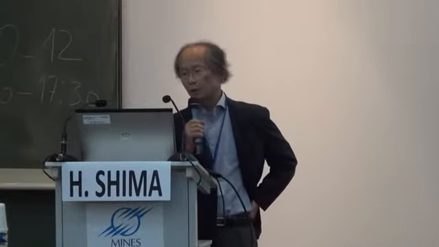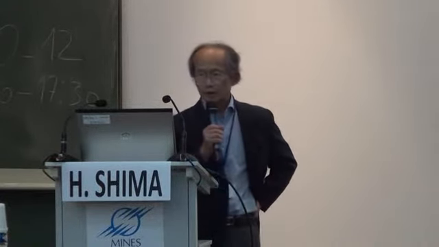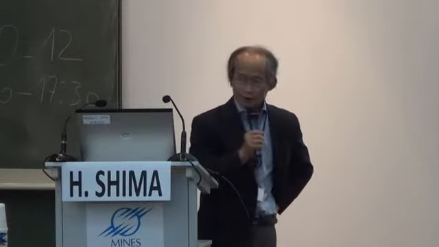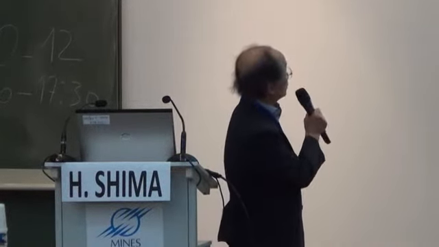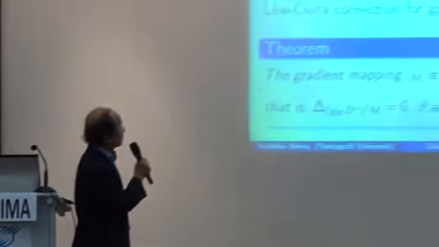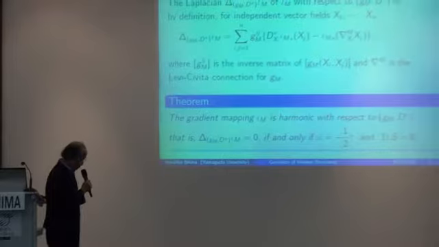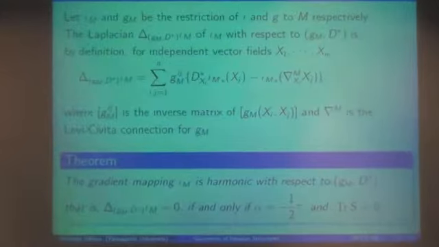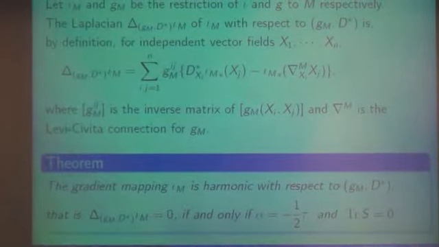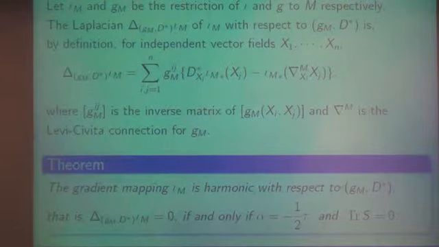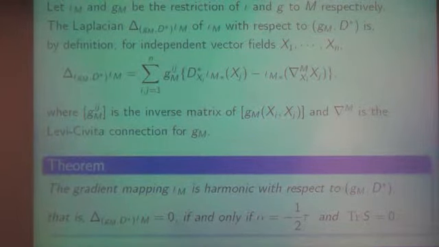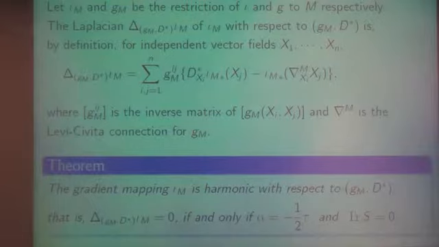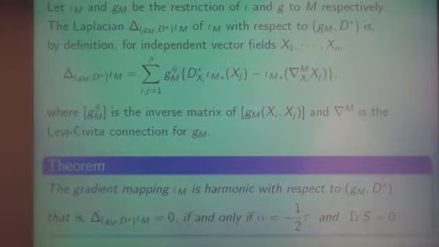The Laplacian of ι_N with respect to G_N, D*, is, by definition, for independent vector fields X_1, ..., X_n, the Laplacian of ι_N defined by the sum of G^{ij} (D*_{X_i} ι_N_* X_j − ι_N_* ∇^N_{X_i} X_j), where G^{ij} is the inverse matrix of G_N(X_i, X_j) and ∇^N is the Levi-Civita connection for G_N.